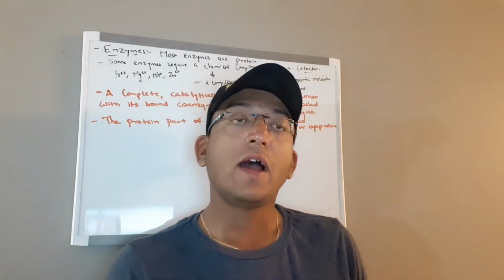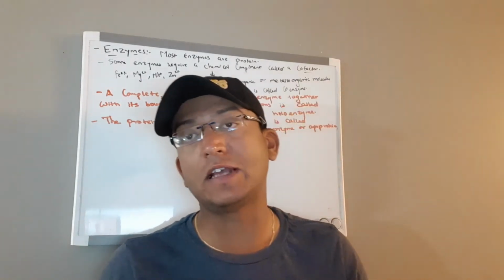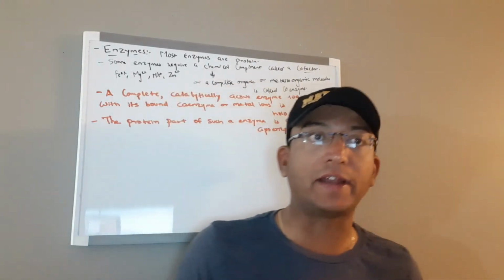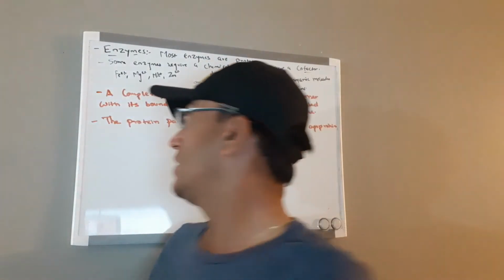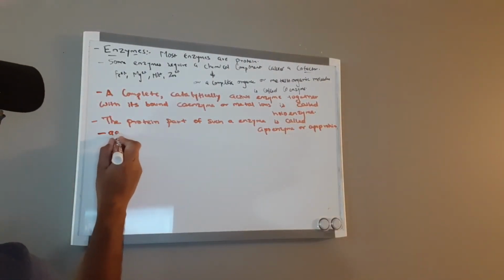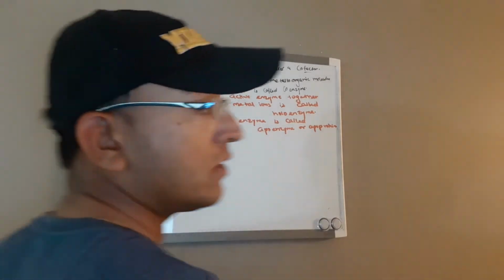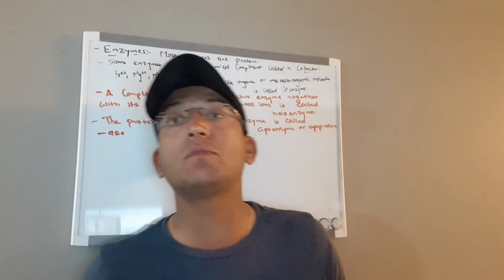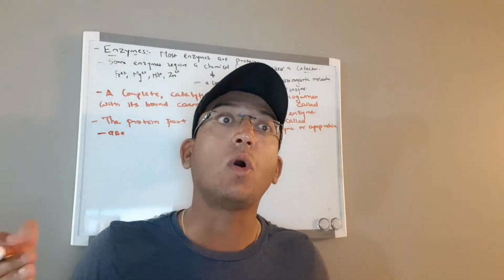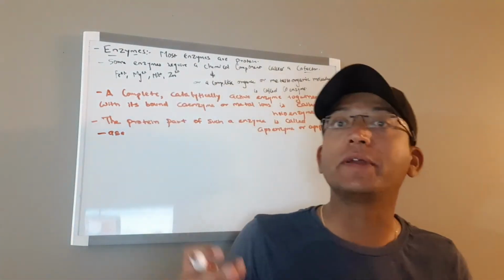Right, and how are enzymes named? Enzymes are classified by the reaction they catalyze. Many enzymes have been named by adding the suffix -ase to the name of their substrate or to a word or phrase describing their activity.